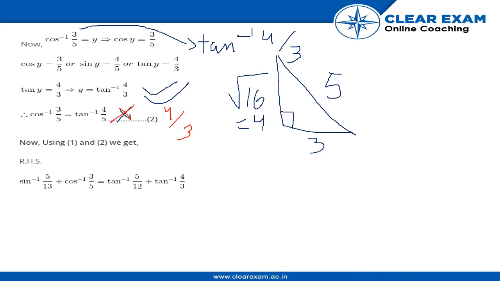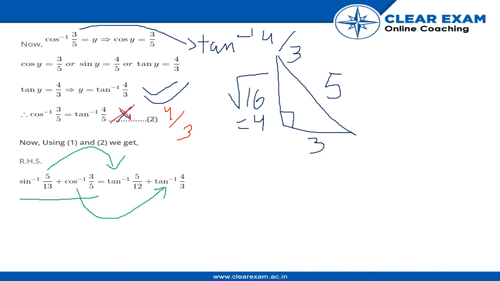Moving further, we get our RHS as sin inverse of 5 by 13 plus cos inverse of 3 by 5. Replacing the sin term and the cos term with tan terms, we replace sin inverse 5 by 13 by tan inverse 5 by 12 as we did earlier, and cos inverse 3 by 5 by tan inverse 4 by 3.